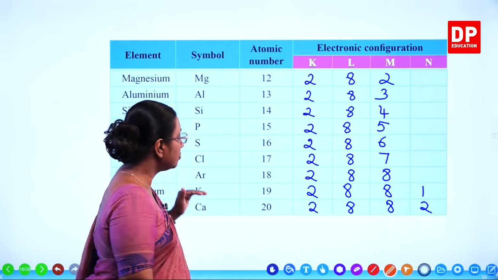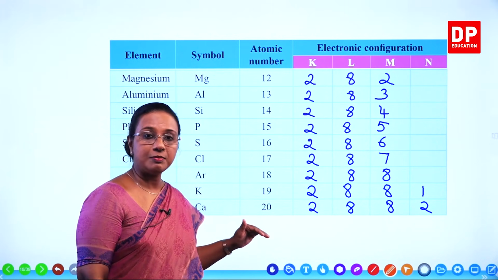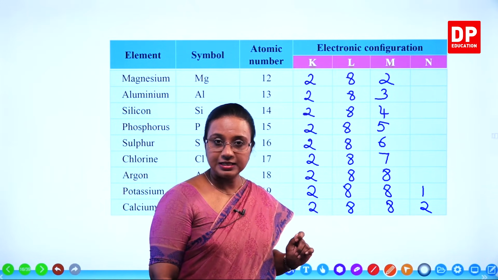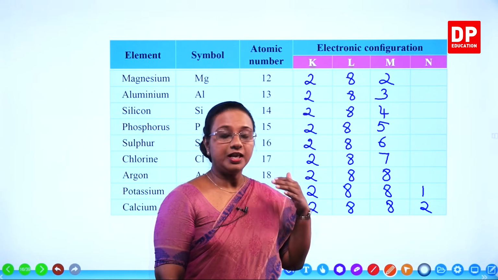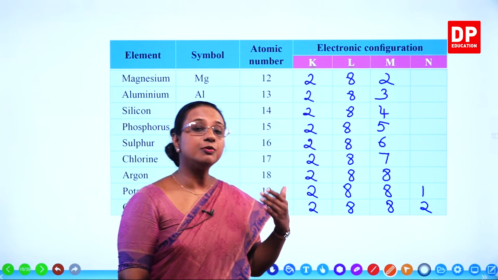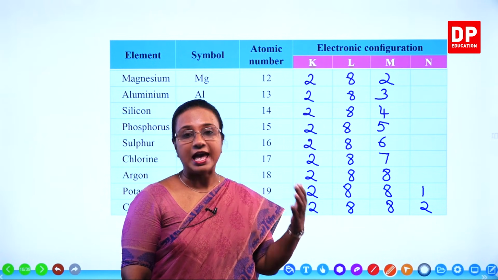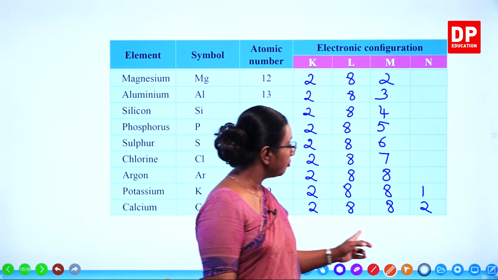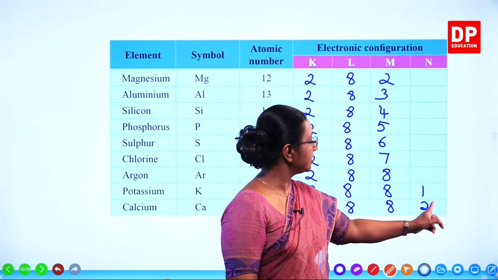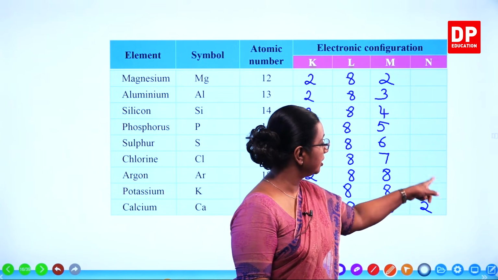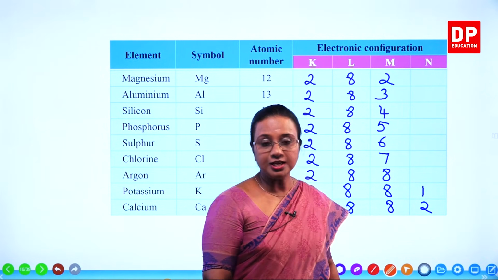So these are 2 elements where you have to remember although 18 electrons are possible in the third shell, it will become the outermost shell having electrons and that cannot be more than 8. So therefore, the 1 electron in potassium and the last 2 electrons in calcium go to the 4th energy level.